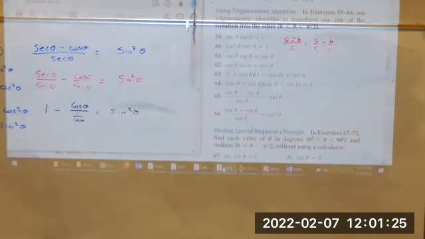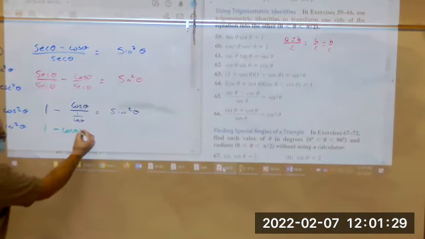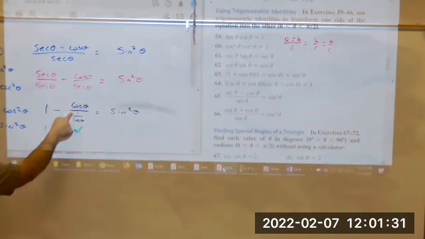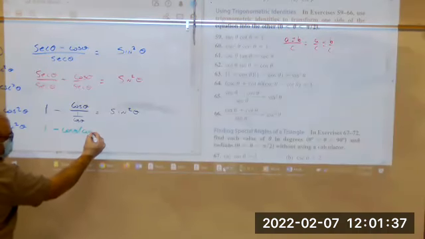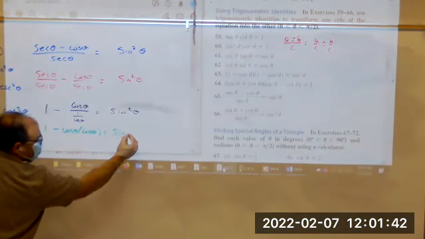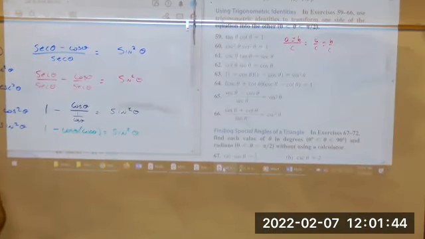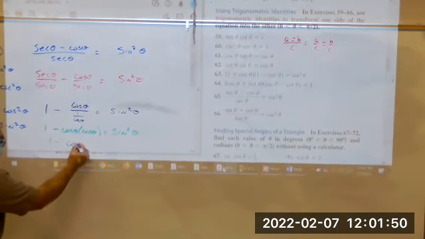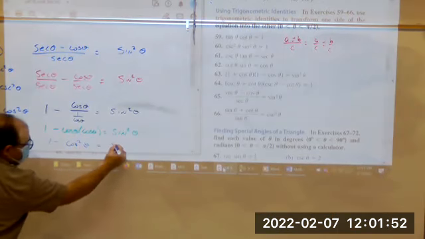Which means this is 1 minus cosine theta times, when you divide by 1 over cosine, you're multiplying by the reciprocal, right? Times cosine theta. So this would now be 1 minus cosine squared theta.